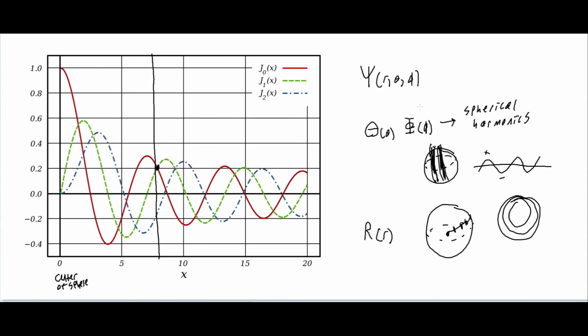So this value multiplied by whatever the value of the spherical harmonic is there would give us the value of this function at that particular point. That is the physical interpretation of what we are going to be coming to when we combine the spherical harmonics with the radial part of our wave function here.